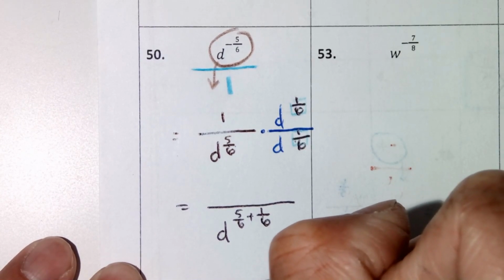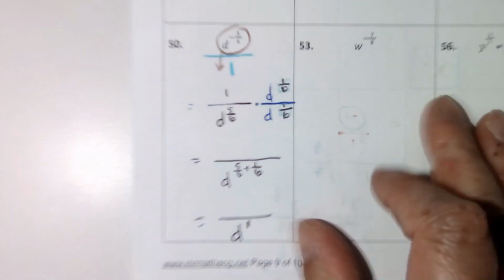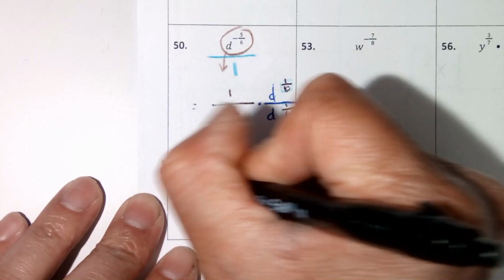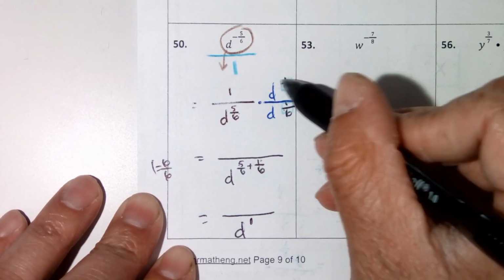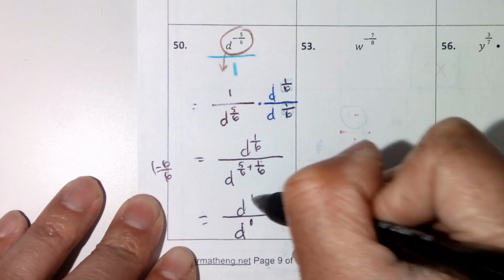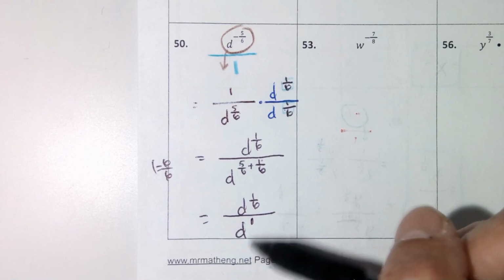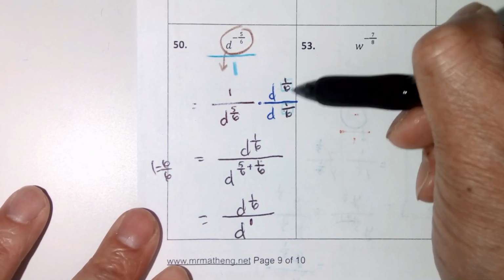Hold on a second, I'll move it down. That'll give me 6 over 6, which is d to the 1st. Right? 5 plus 1 is 6. 6 over 6 is equal to 1. So I get d to the 1/6 over 1 is my correct answer.